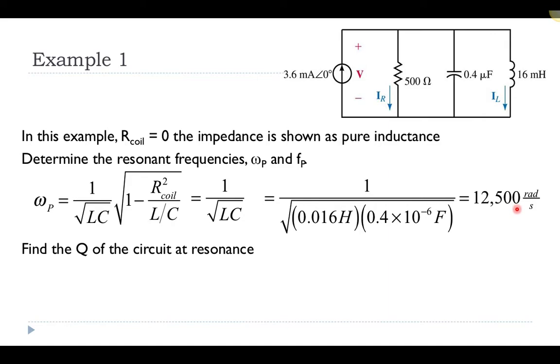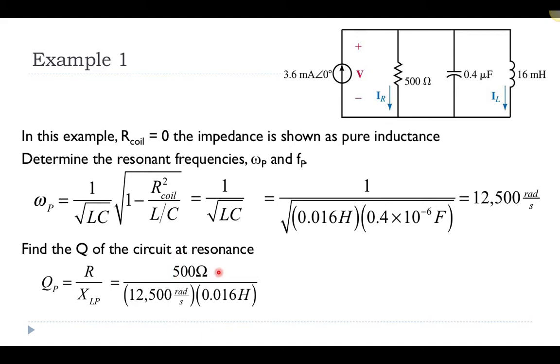I have a feeling I did not convert this into frequency in hertz, but I could take that number and divide by 2 pi, and I would figure out what that frequency is in hertz. I can also determine what the quality factor is, and so the parallel quality factor would be the resistance over the inductive reactance. And so the resistance is 500 ohms.